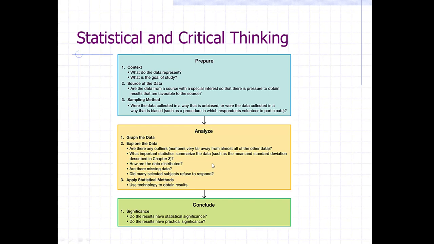We're going to look at shape, center, and spread when we explore the data. And then we're going to use statistical methods to obtain results, a conclusion. And then in our conclusion, we decide if the results have statistical significance, yes or no, and practical significance, yes or no. And these two things sometimes are very, very different.